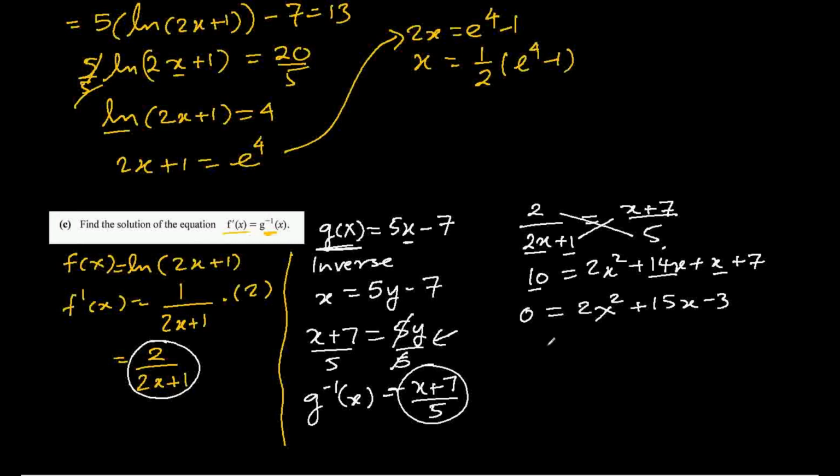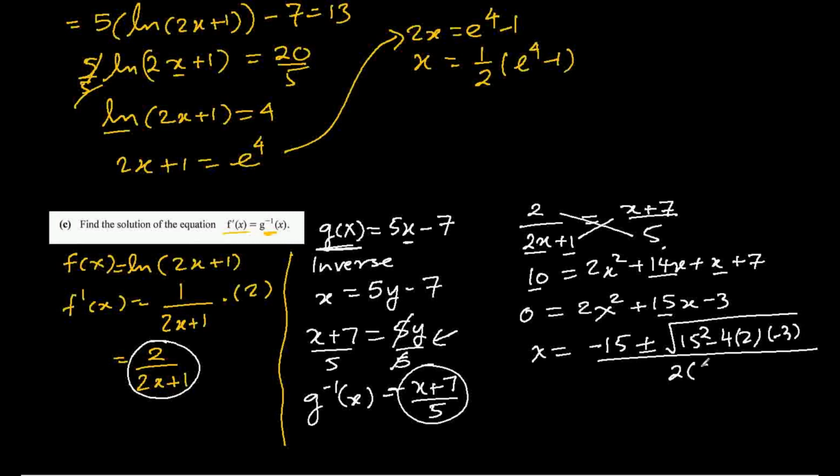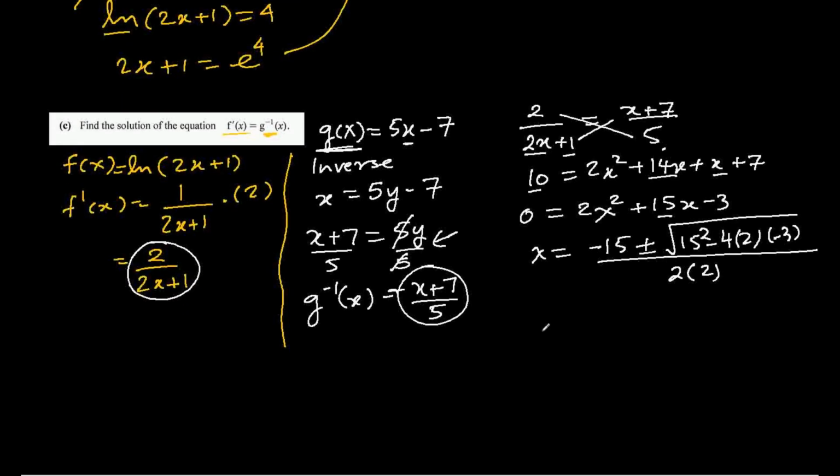So let's use the quadratic formula. So x equal to minus b, 15 is b for us, plus minus square root of b squared minus 4 times a times c, over 2 times 2. Okay, so what do we get here?